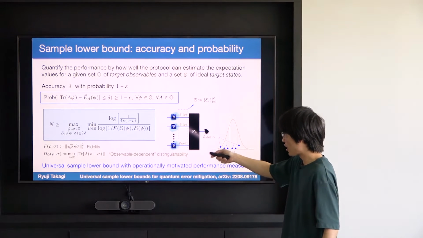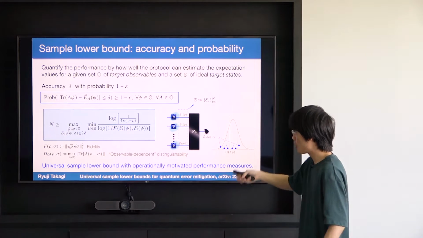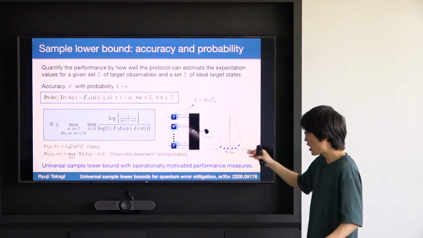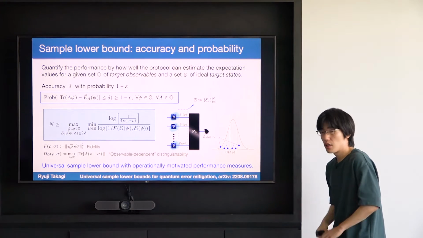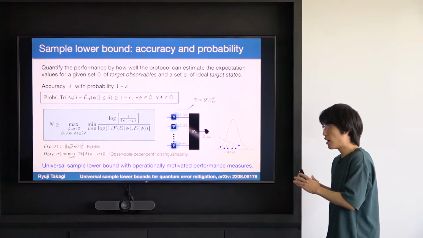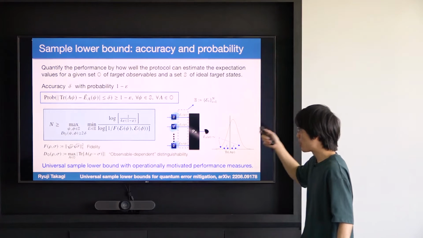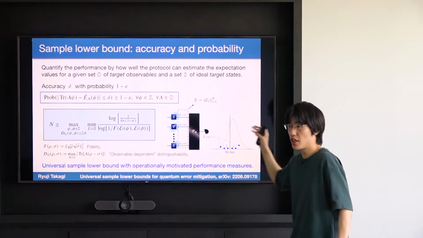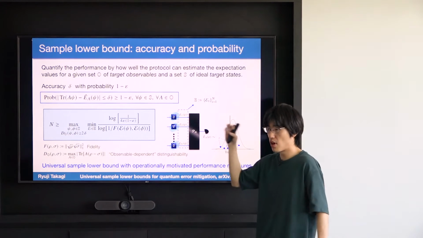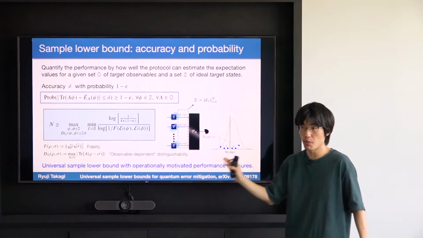And you can look at the various parameters here, success probability and the accuracy, and this also contributes to increasing the right-hand side to give you more sample cost. For instance, if you want to get a better success probability, then you need more samples. If you want better accuracy, then again, you need more samples.